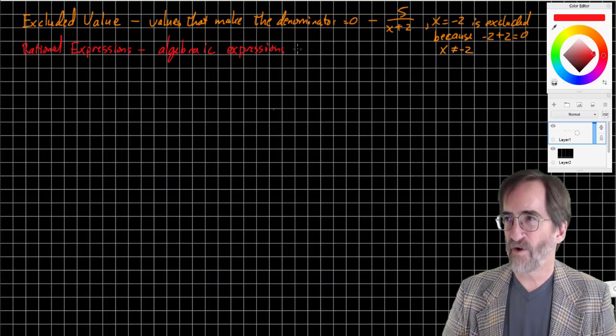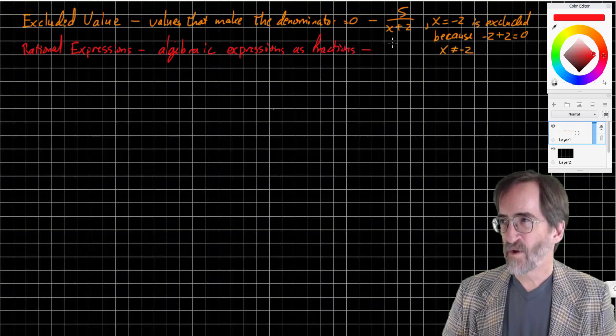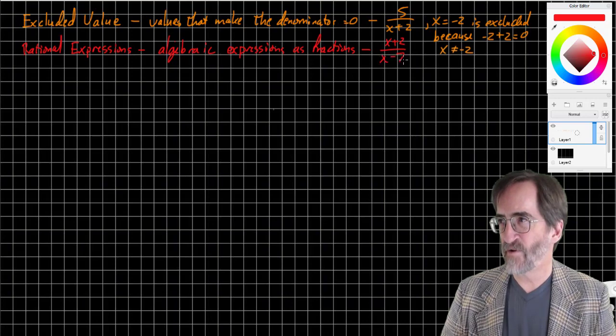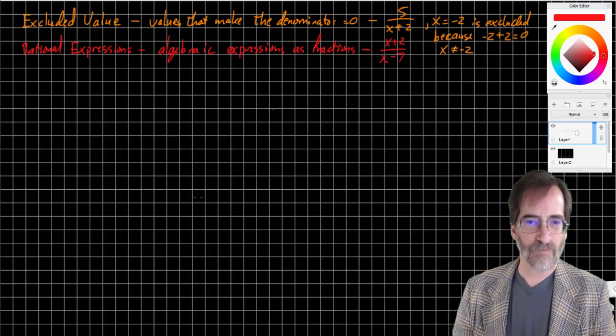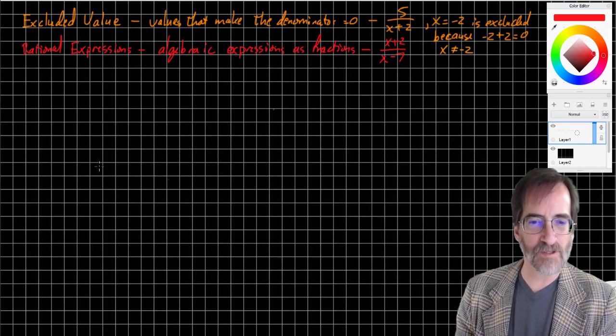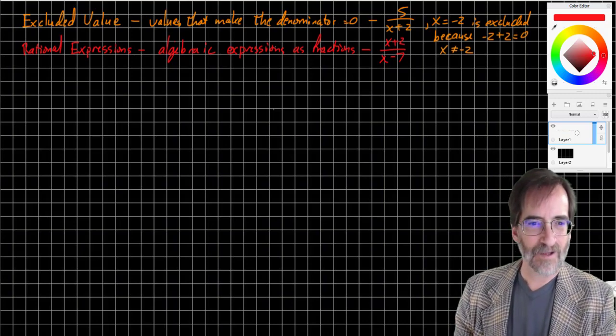And I'll simplify this as fractions. An example is x plus 2 over x minus 7. That's a rational expression. It has x in it, but it's a fraction. Okay, that's lesson 1.